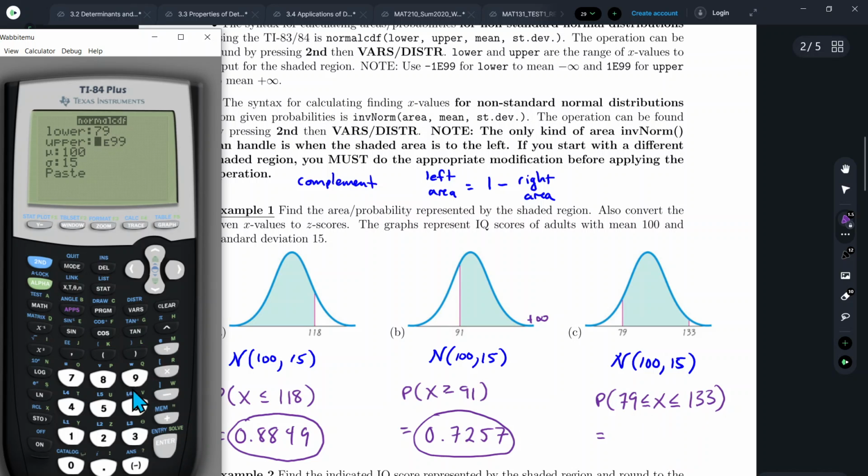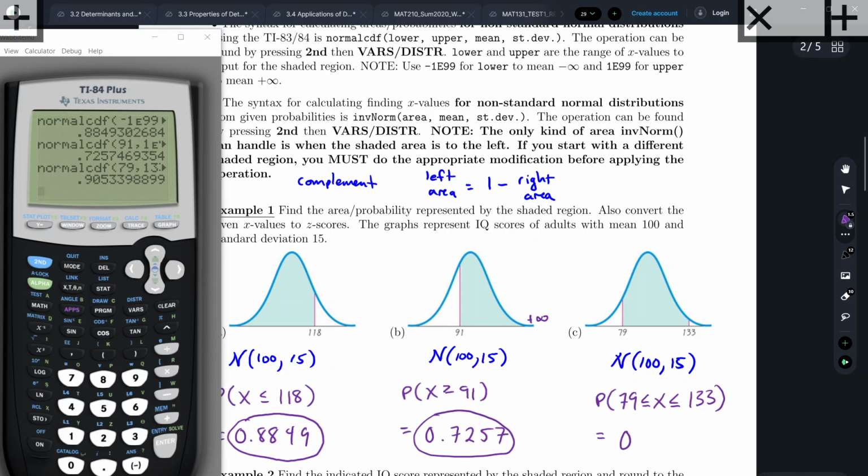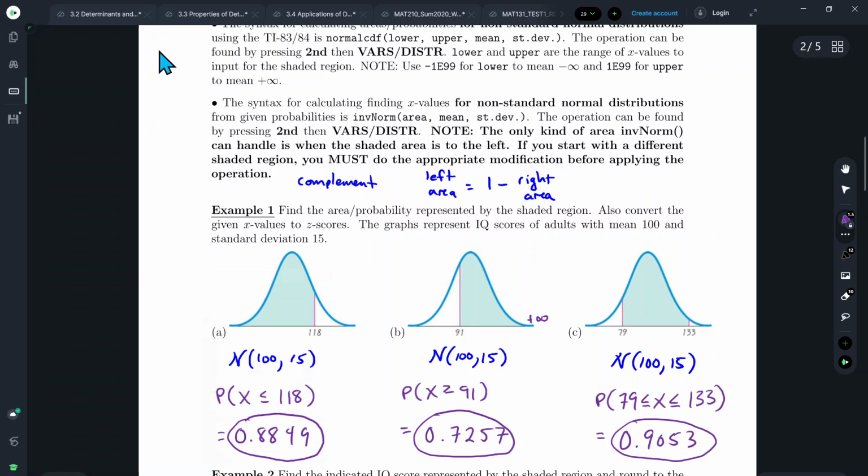The upper bound would be 133. And then we can calculate it to get 0.9053. So these are the calculated probabilities in example 1.